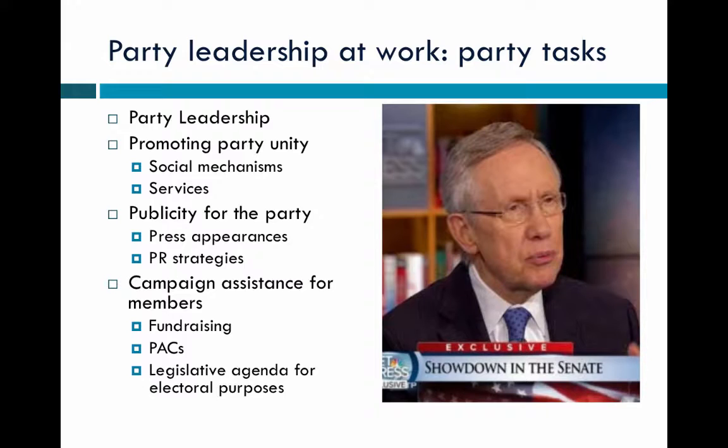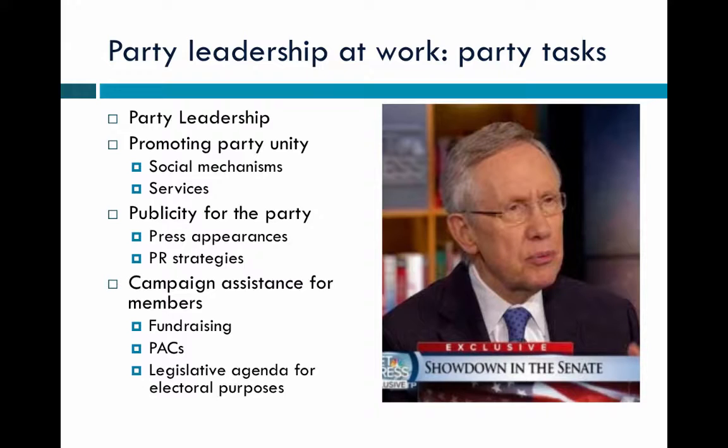There's also the issue of promoting party unity, and this can be done through social mechanisms, parties, gatherings, networks of spouses, families, etc. Press appearances can be used for publicity for the party, but also there are services done on behalf of partisans for their members, like the scheduling of members' bills based on certain priorities, and so on.